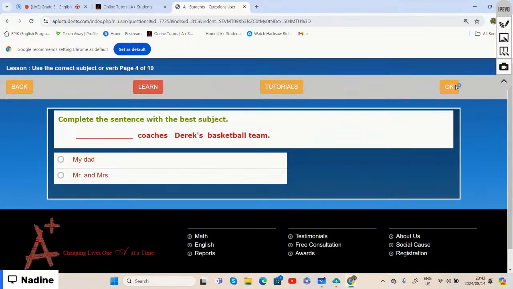Do we say my dad coaches Derek's basketball team, or do we say Mr. and Mrs. coaches Derek's basketball team? Which one is correct?